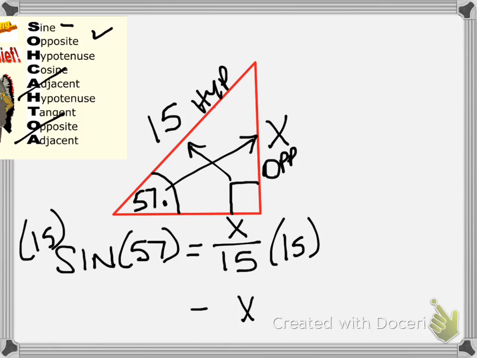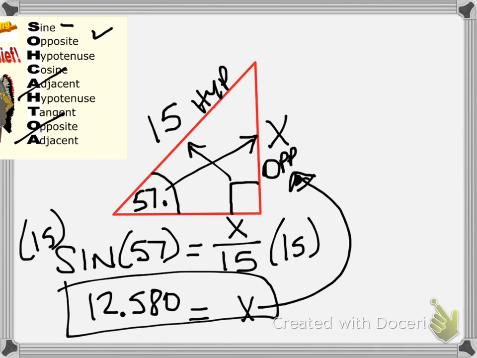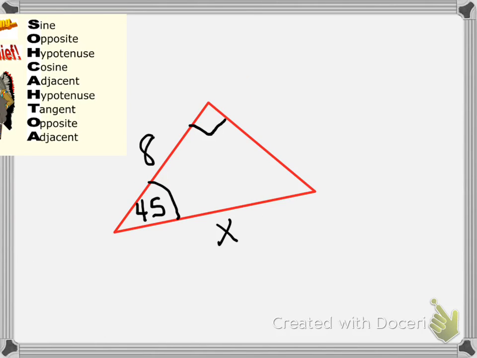And x equals 12.580. And that is our opposite side from our angle measure of 57. So it becomes easy once you know what side we're given and what information we need to look for. Let's look at one more example.